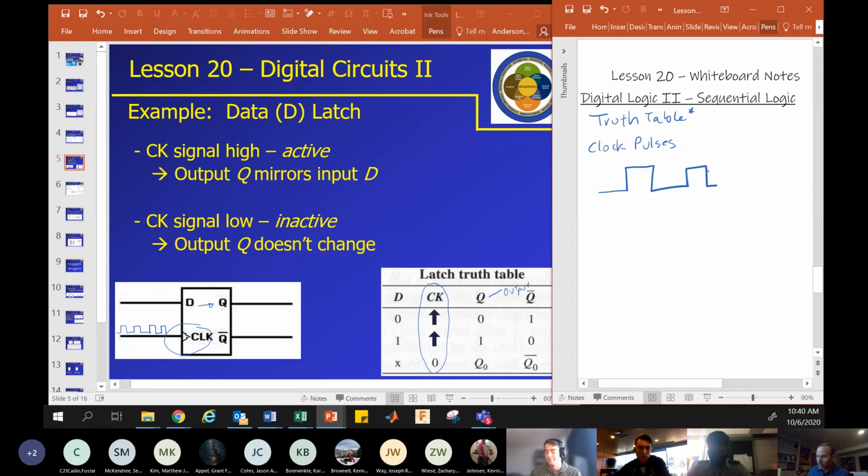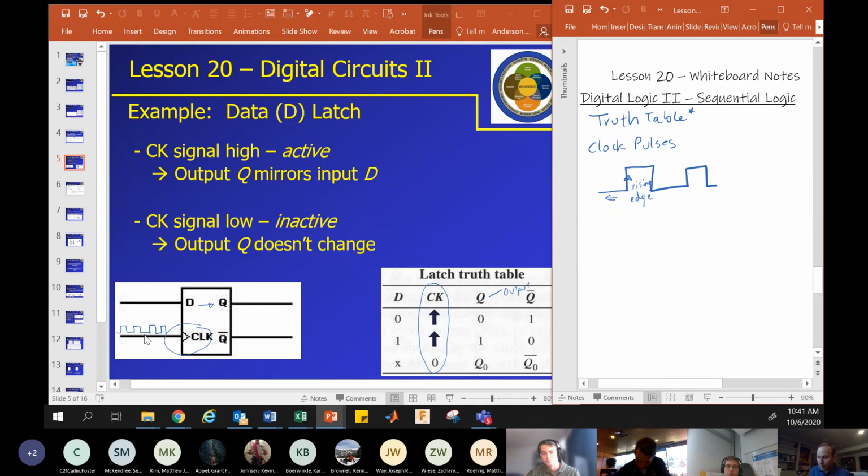We want to specify very clearly when the change happens. The arrow means a rising edge. So if the signal is moving this way and it sees the signal start to go from 0 up to 1, that's a rising edge. So the up arrow means that it will trigger on the rising edge of the clock pulse.